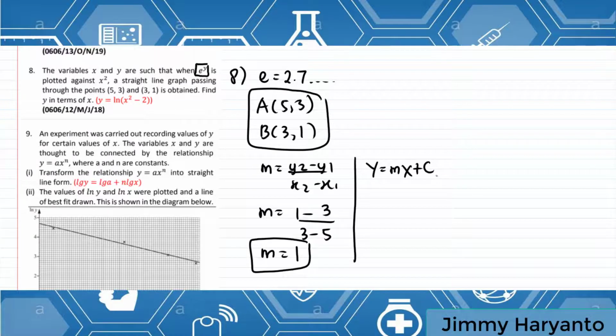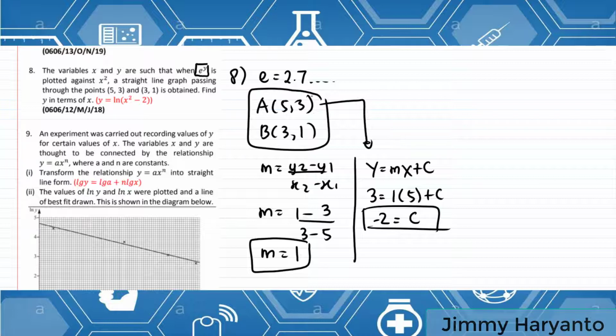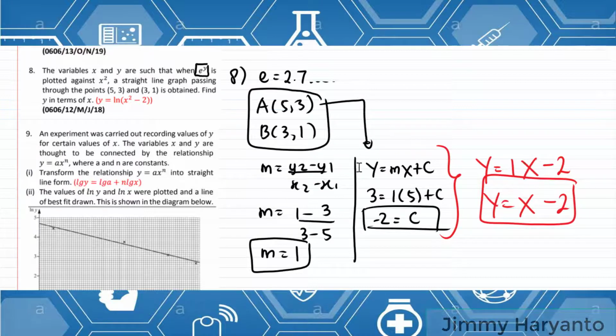Okay, back to this one, you have to find the c. I will use this point: 3 equals m is 1, and then x is 5, plus c. So c equals negative 2. Therefore I will get y equals x minus 2.